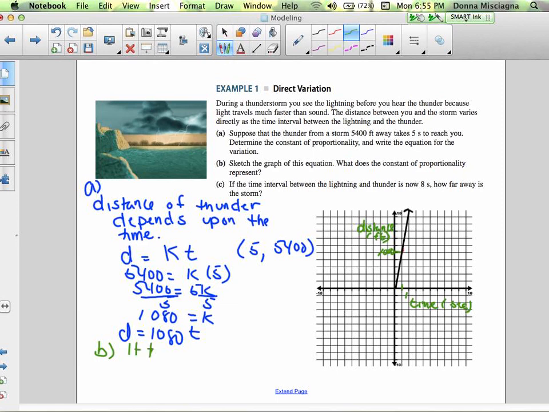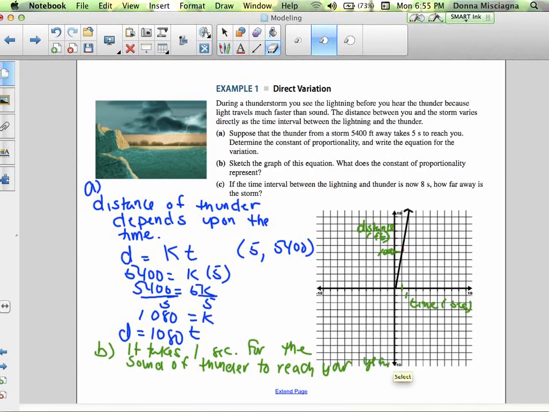It takes 1 second for the sound of the storm, the sound of thunder, to reach your ear for every 1,080 feet away that the storm is.